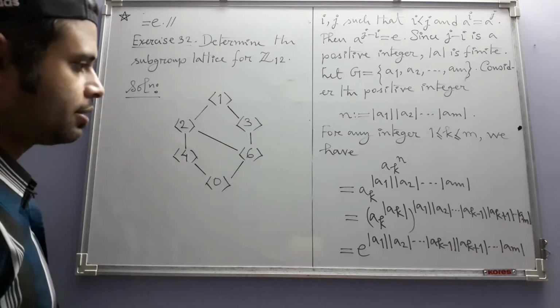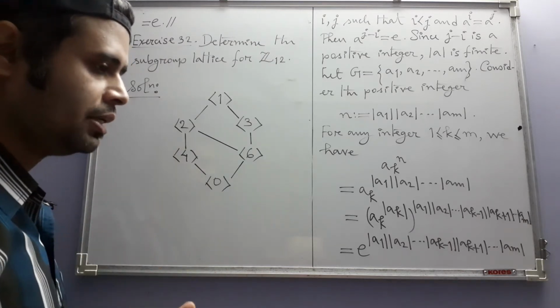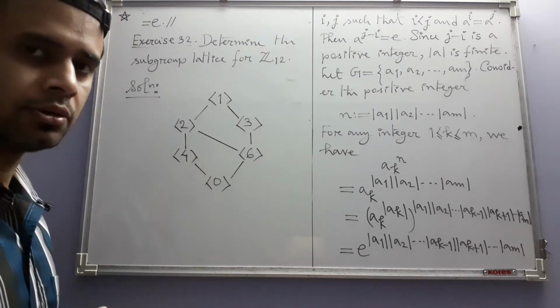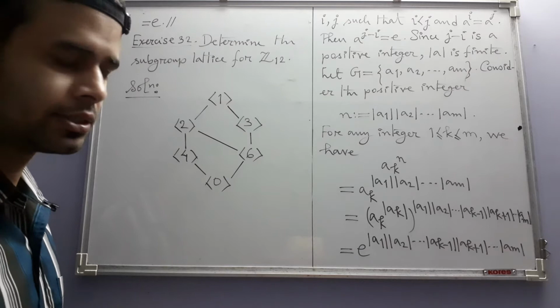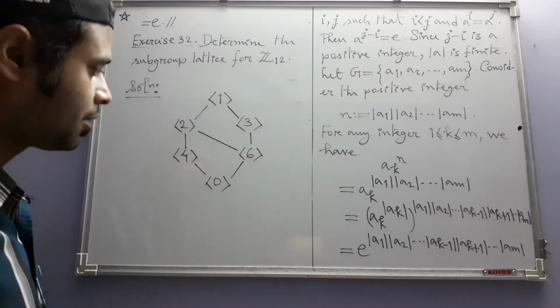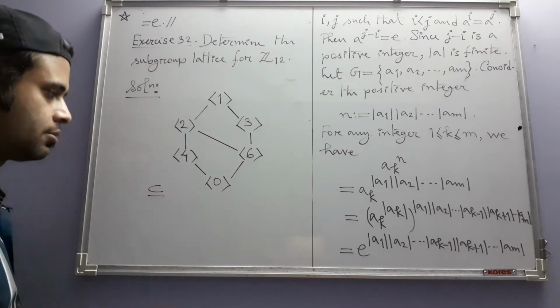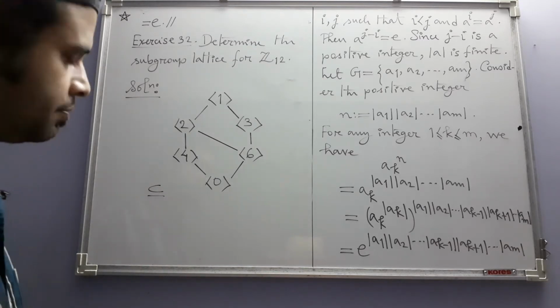Lattice is a technical term which means a set with a partial order on it, that is, a partially ordered set. The partial order in this case is set inclusion.